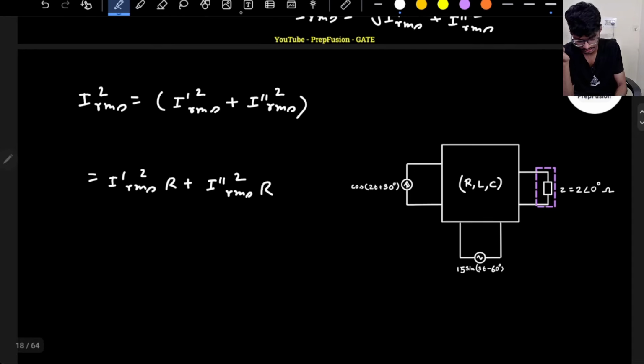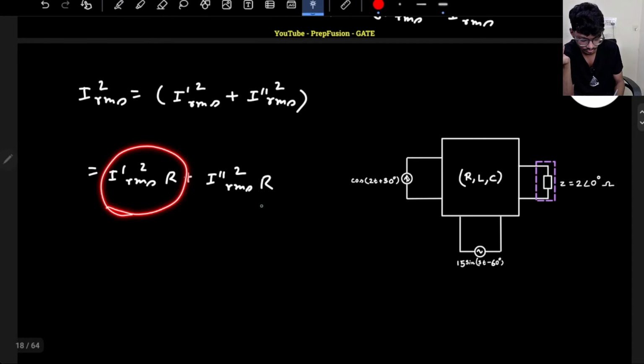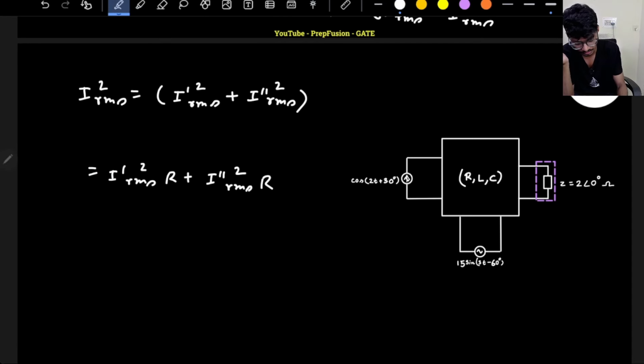So basically, this is the power due to the voltage source, and this is the power due to the current source. So simply it will be equal to PV plus PI. I hope I am able to prove to you that we can simply add the powers because the signals are orthogonal, because the RMS value is just the under root of that formula. So PV plus PI is 20 watts, and PV equals 2 PI.